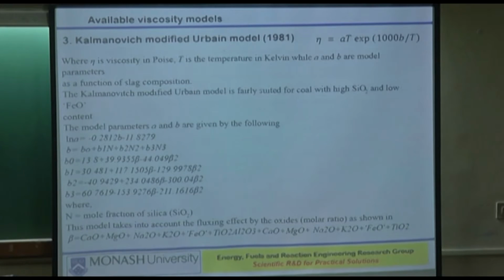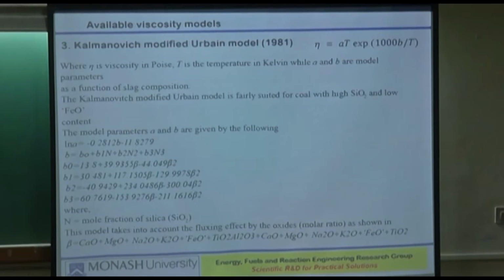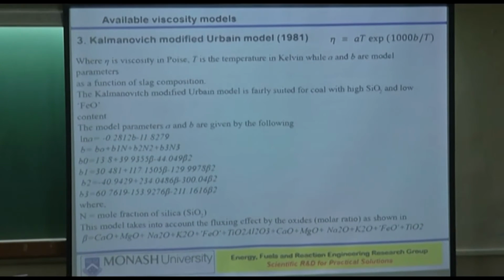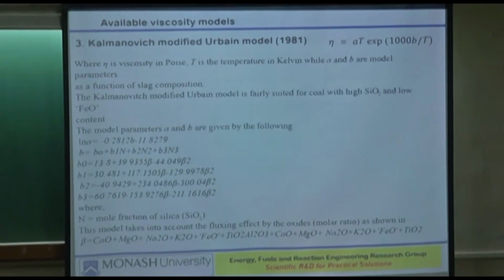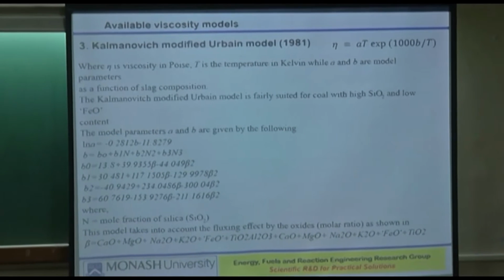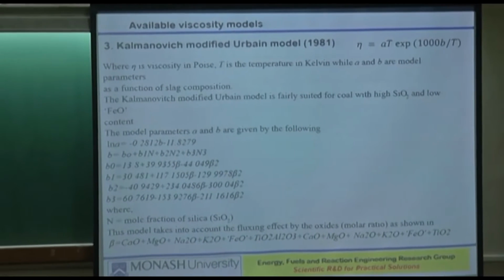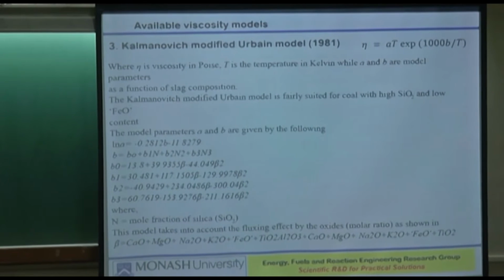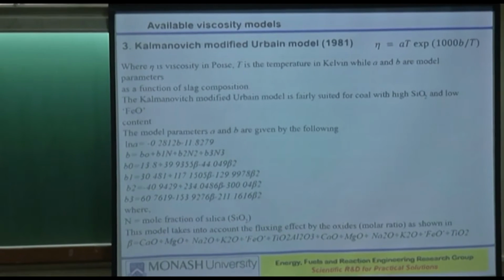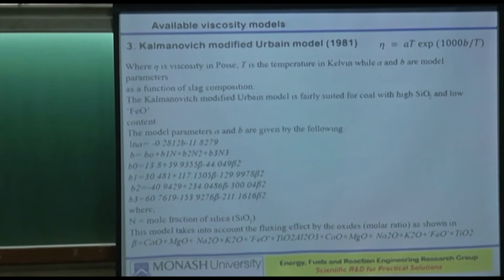Silica is taken care of separately by capital N, and that's why the comment has been made that it is only fairly suited for high silica containing ash. Silica is not considered as a part of this function, but it is considered separately on its own by the number N here.